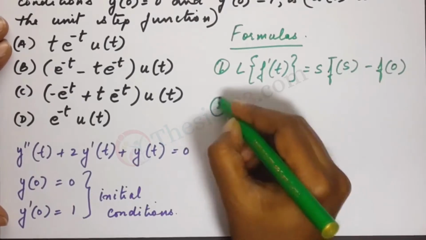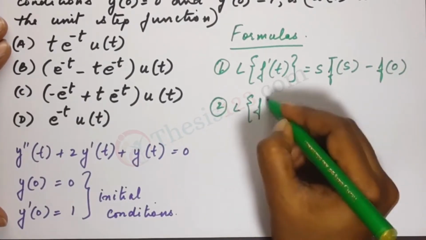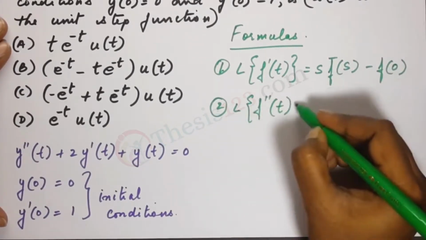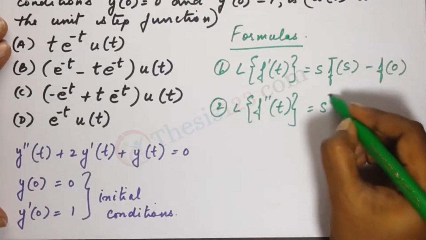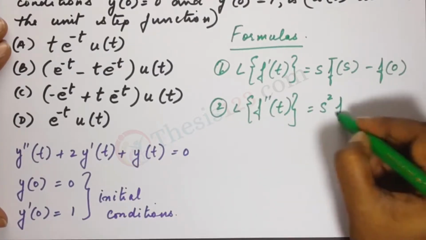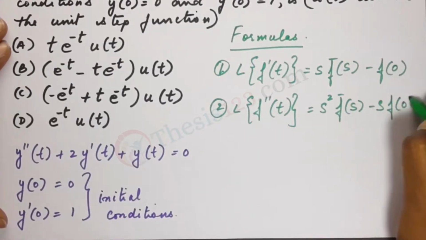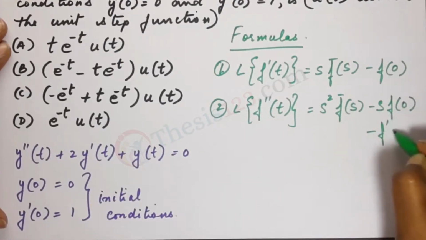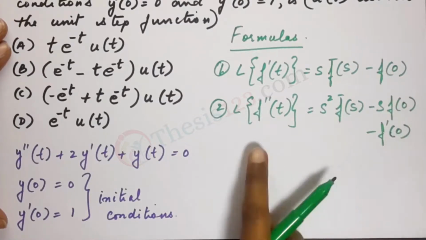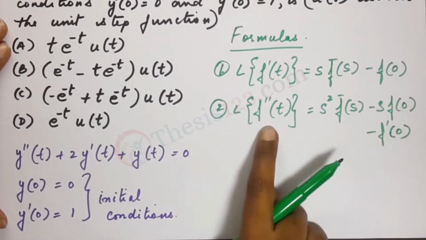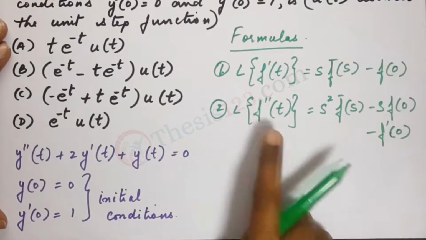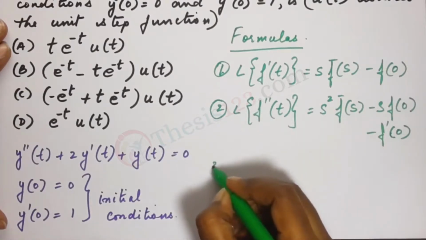The second is for f double dash of t, and that's s square F(s) minus s f of 0 minus f dash of 0. This is our formula for the Laplace transform of the second derivative.